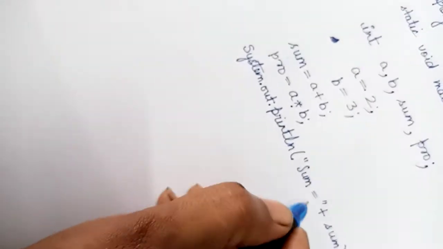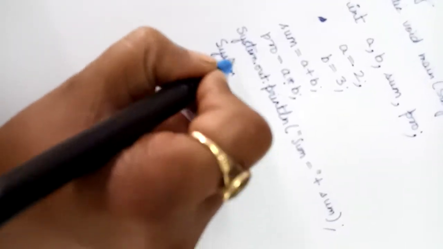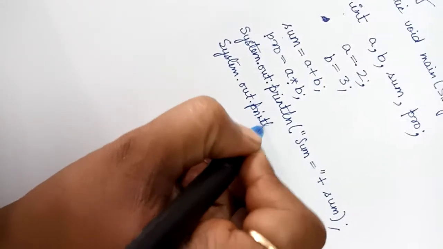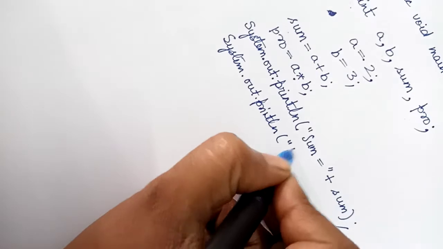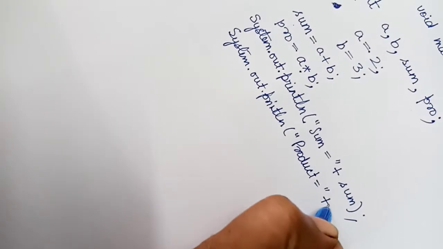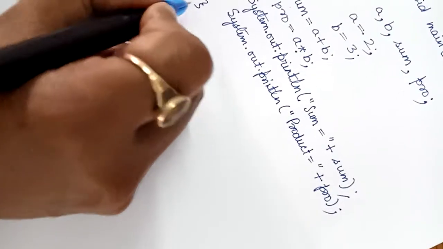This is the message part. Next message, System.out.println, product equals, plus pro. Then close the brace of the function and then the class.